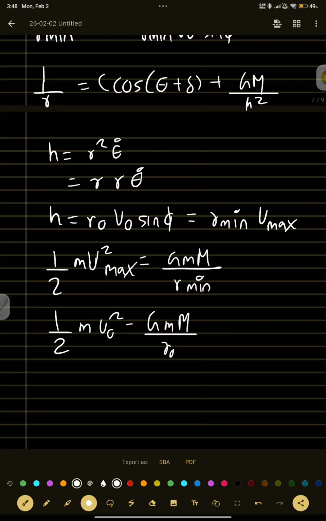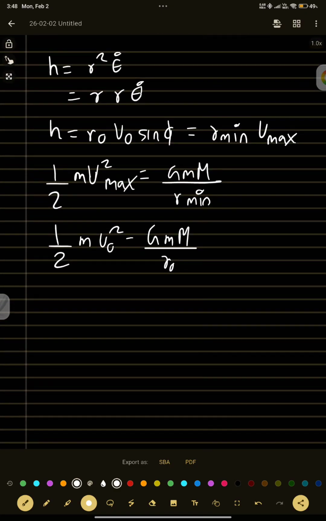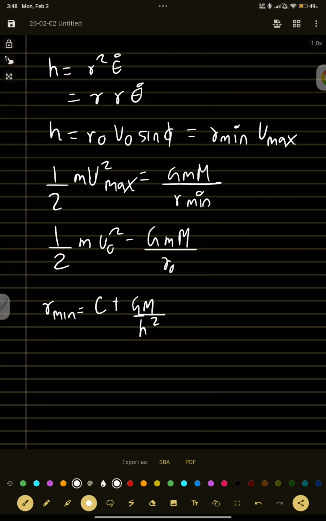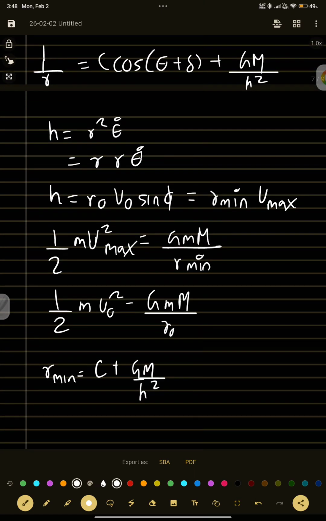then you can write this expression R minimum C plus Gm by h square. Now in this h square you can either write R min V max square or R naught V naught sin phi whole square. h तो कांस्टेंट है थ्रूआउट द फ्लाइट, थ्रूआउट द थिंग इट इज कांस्टेंट। तो पहले जो इलिप्स ऐसे होता था, अब वो इलिप्स क्या हो गया?